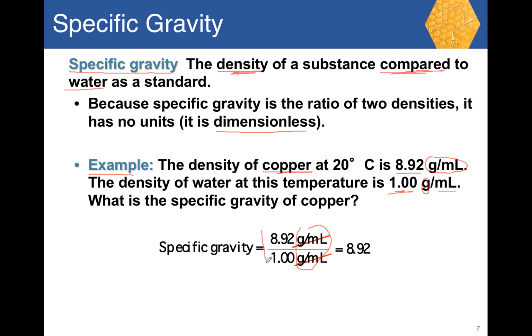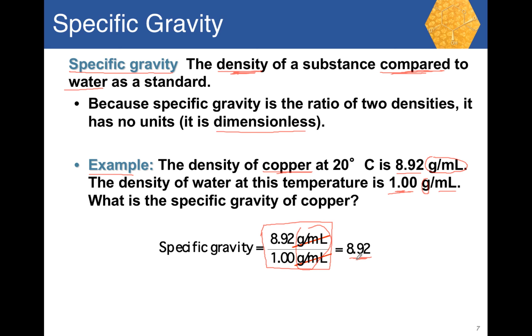So once you set up that ratio, the units will cancel, giving just a number. So specific gravity is just a number for a specific substance. Copper, for example, is 8.92. That's the specific gravity of copper.